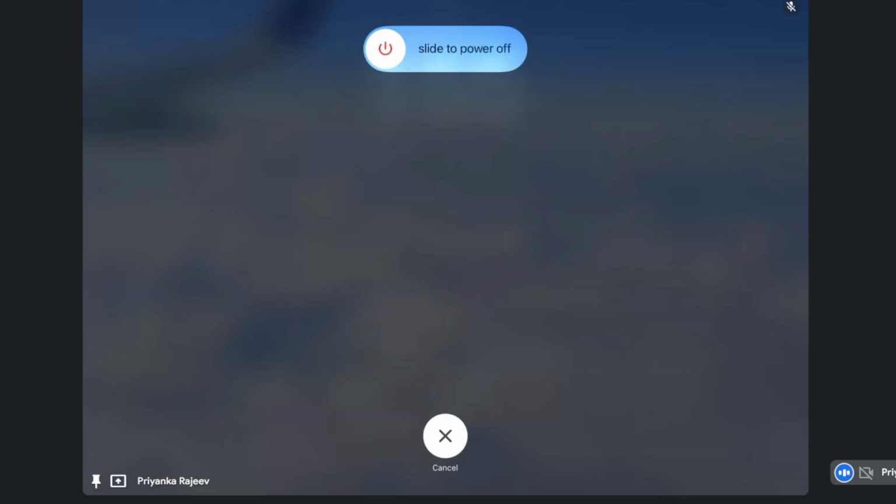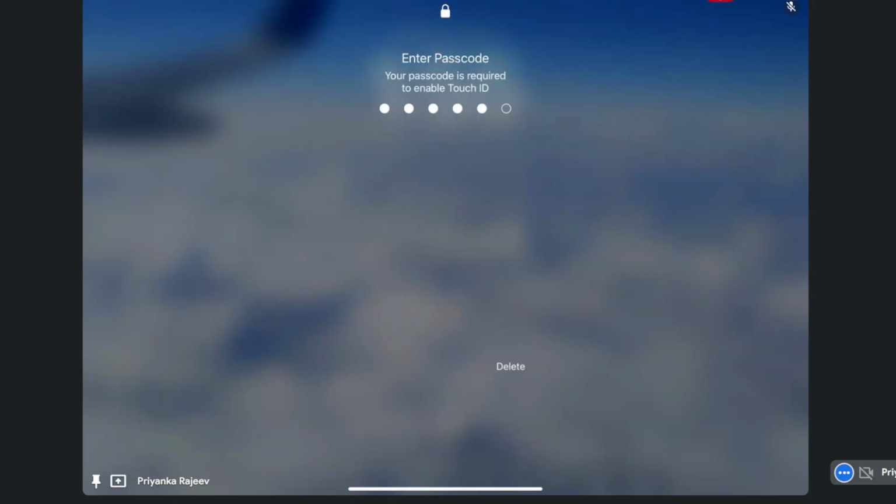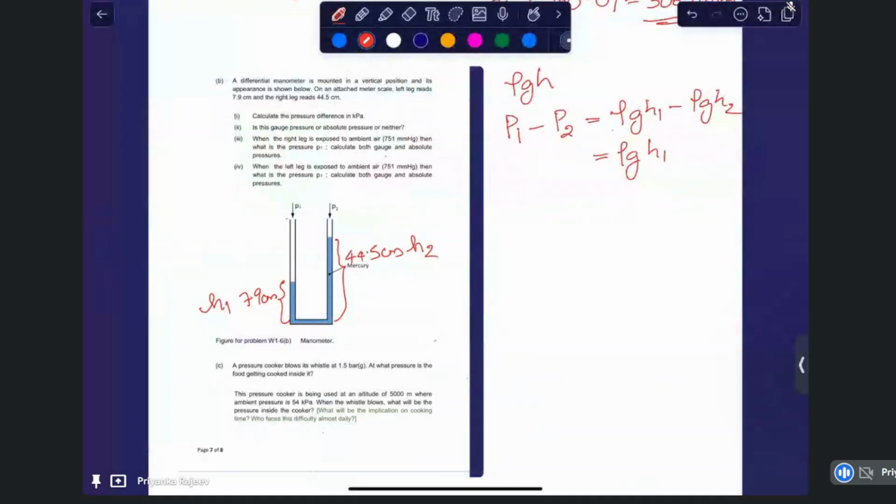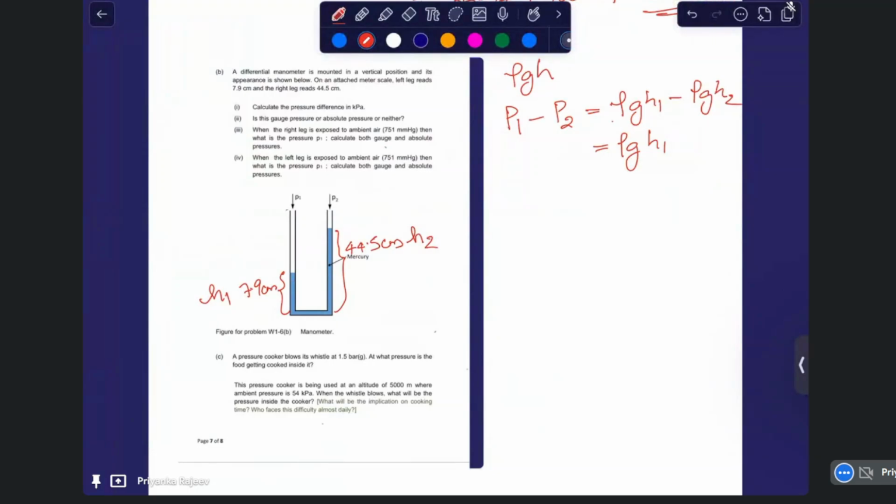So H1 minus H2, and here we'll be getting negative, so we'll be taking P2 minus P1 equal to rho G times H2 minus H1.